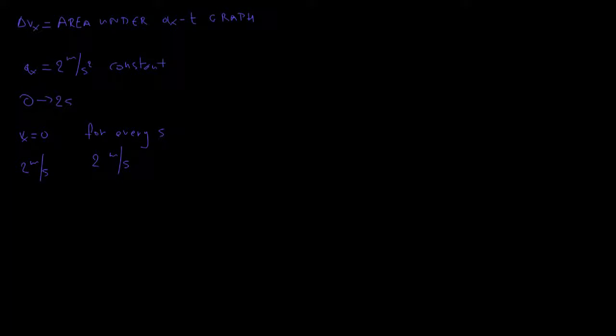For every second, my velocity increases by 2 meters per second. So I started at 0 meters per second. After 1 second, I went to 2 meters per second. After 2 seconds, I ended up with a velocity of 4 meters per second. Now, you can get this result simply by multiplying the 2 by 2. 2 seconds, 2 meters per second squared, you get 4 meters per second.